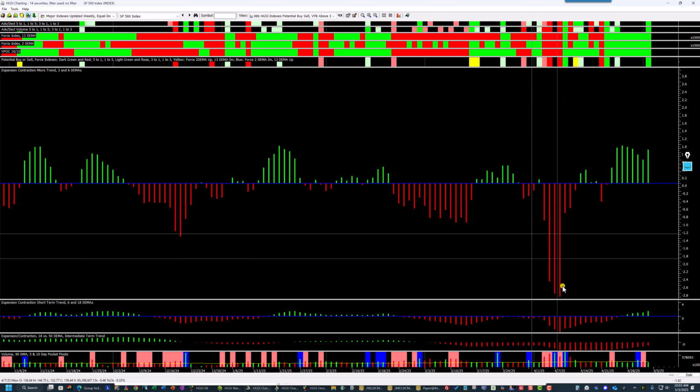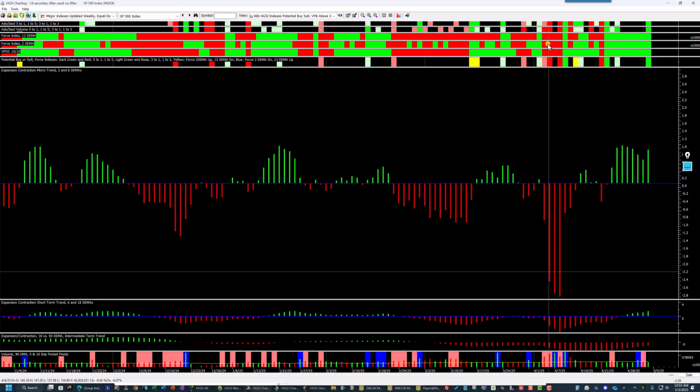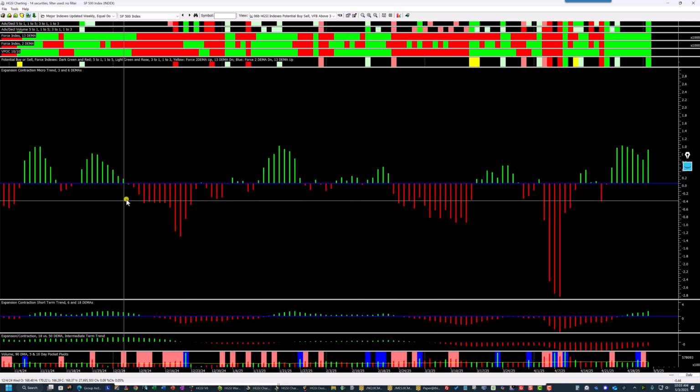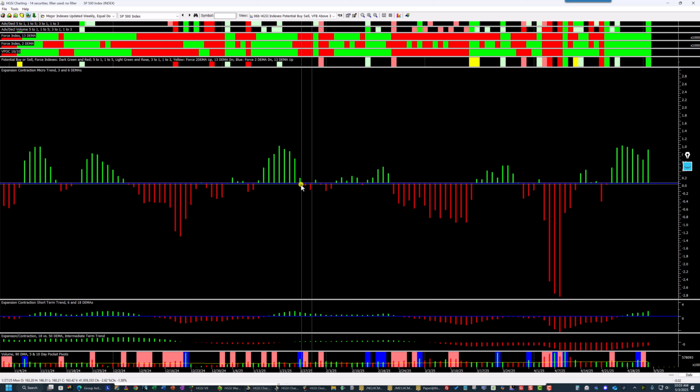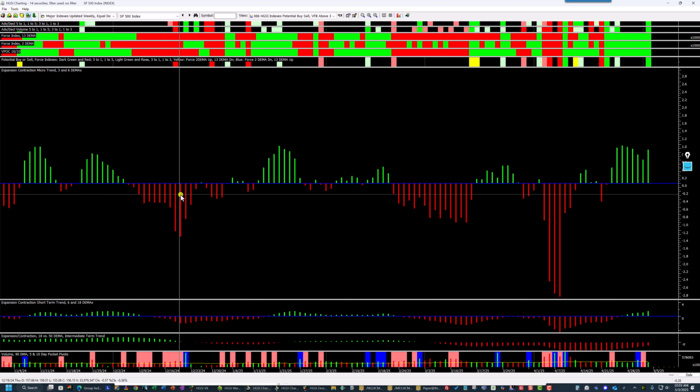It just shows the expansion to the downside of the index. Now compare this selling pressure to this selling pressure on these other areas here: slight selling pressure, slight selling pressure, slight selling pressure, moderate to heavy, and extreme selling pressure here.